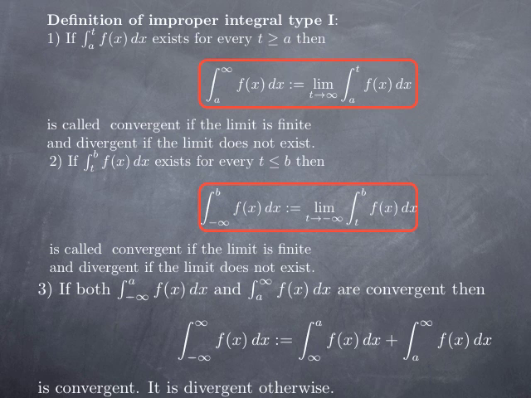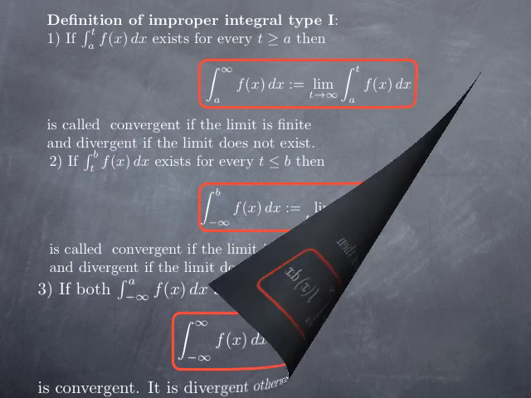So it really doesn't matter what value a you take. So here is the formula that we're going to use for improper integrals from negative infinity to positive infinity. Again, if at least one of these two integrals is divergent, then the entire integral is divergent.